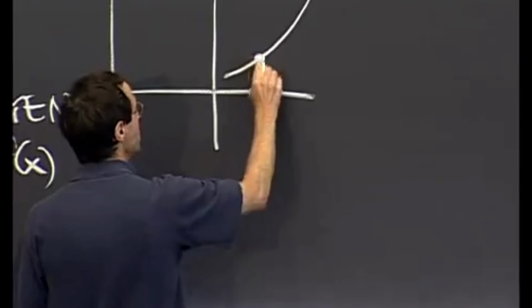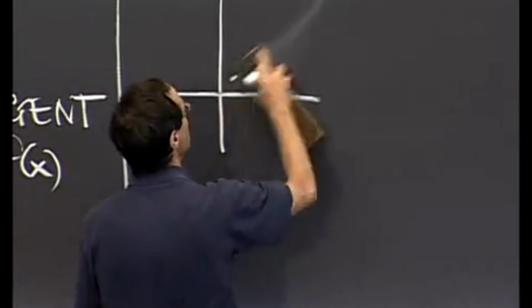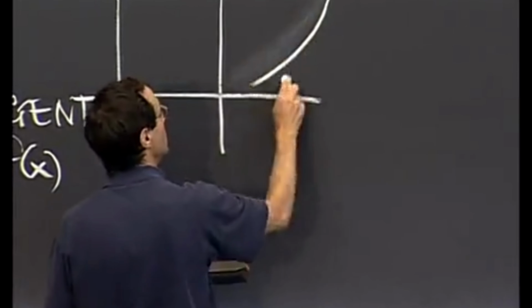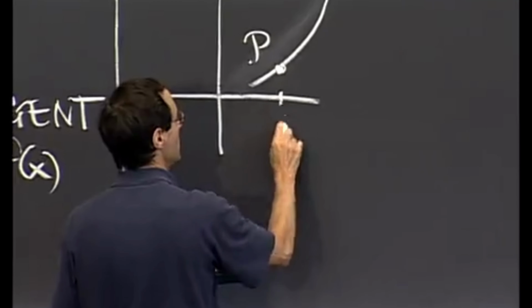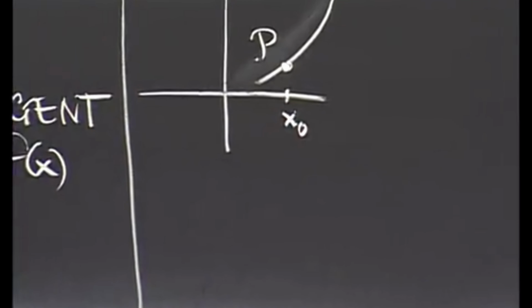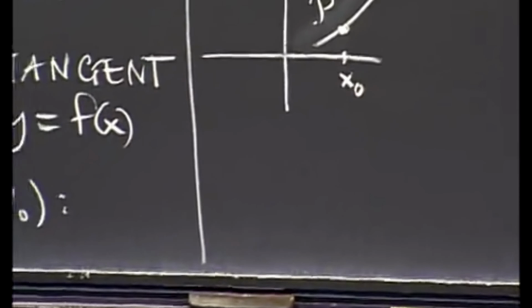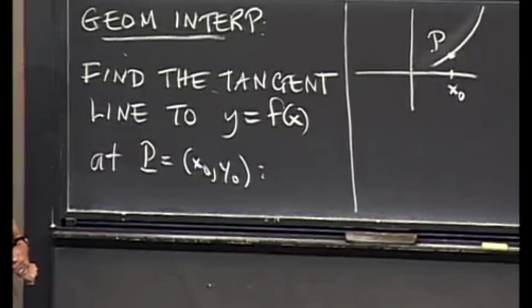And here's some point. All right. Maybe I should draw it just a bit lower. All right, so here's a point P. Maybe it's above the point x0. x0, by the way, this was supposed to be an x0. That was some fixed place on the x-axis.